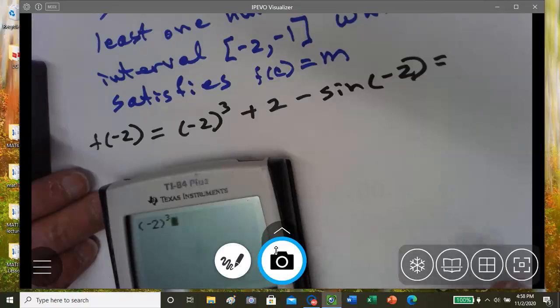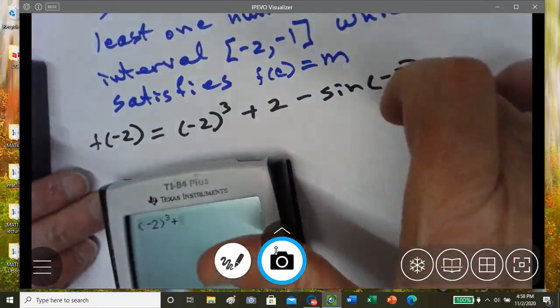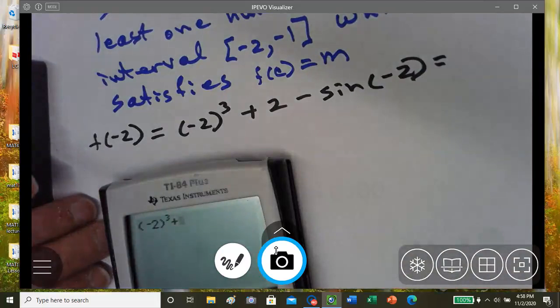You have to hit the right arrow to get it out of the exponent. Otherwise, you're going to have everything after that all up in the exponent. That's not going to be a good answer. Plus 2 minus sine of negative 2. Okay, and we hit enter, and we get negative 5.09.